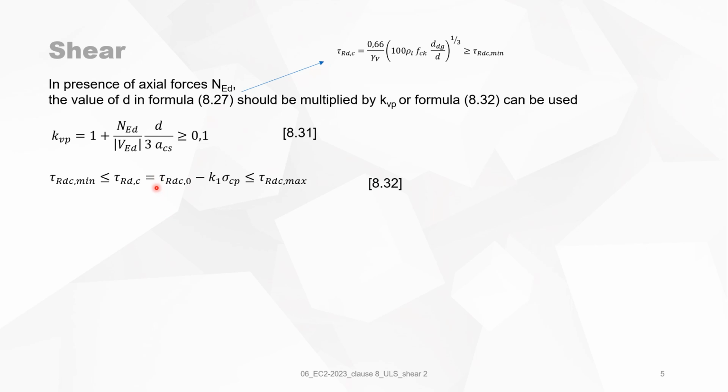So the basic concrete shear stress capacity should be deducted by k_1 sigma_cp. Sigma_cp is of course the axial force divided by the cross section, and it is negative for compression and positive for tension.